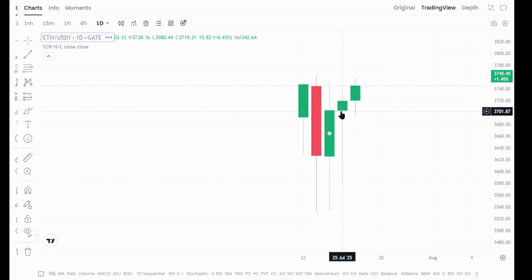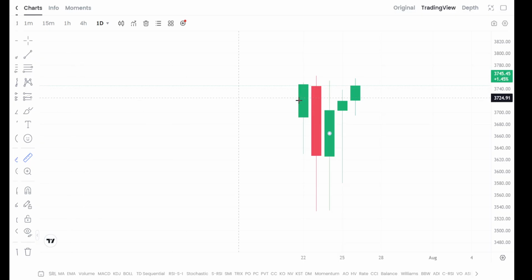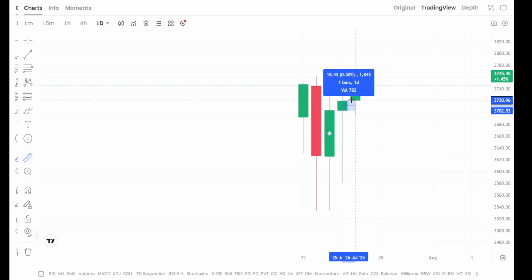Next, on that day, 25 July 2025, the market price of Ethereum was open at 3,703.85 USD1, and the market price went up and was closed at 3,718.99 USD1. On that day, the market price of Ethereum increased by 16.45 USD1.